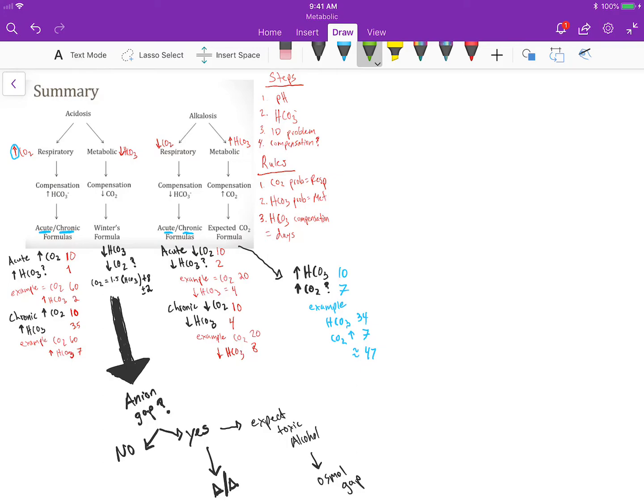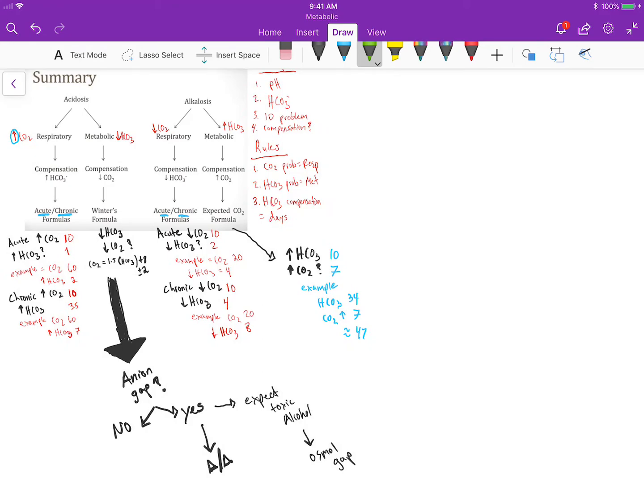In order to figure out what type of acidosis we have, that's the whole purpose of calculating the anion gap, because a normal gap or non-anion gap acidosis has one specific set of causes, whereas an increase in gap has a totally different set of causes. So that's the point of calculating the gap. After you've identified the gap, the purpose of the delta delta is to tell us, is there something else going on to change the bicarb?